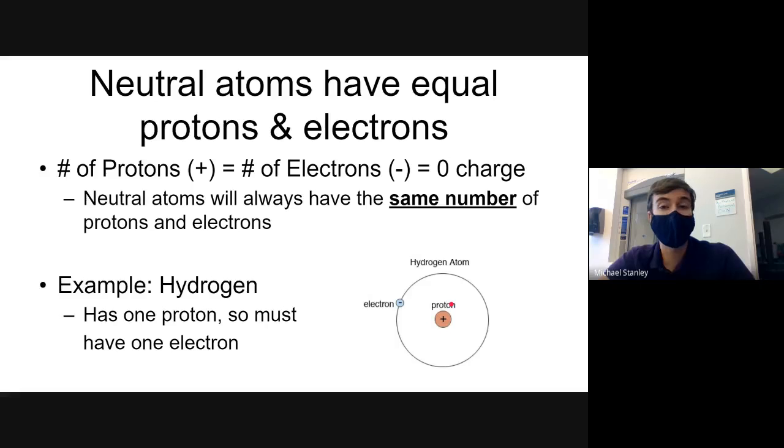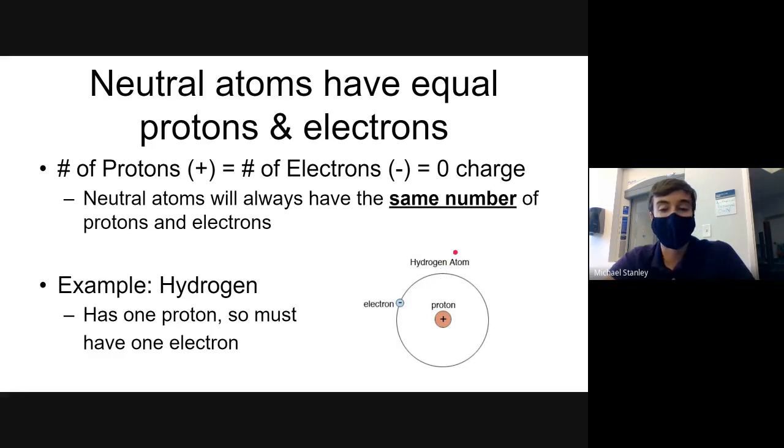So your proton number and your electron number should always be the same. They have to be balanced with each other in order for those positive proton charges to be canceled out by those negative electron charges. So that's a super duper basic example.